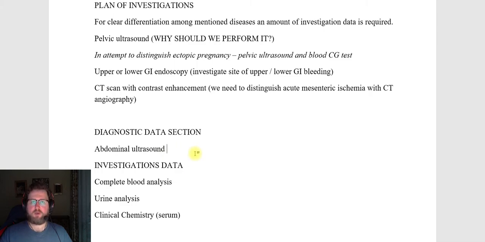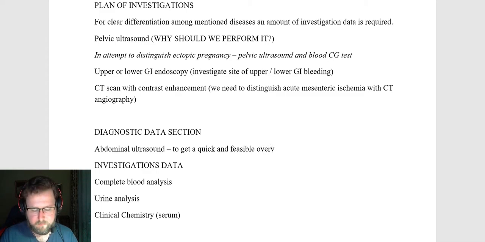So why are we using this method? We use it to get a quick and feasible overview of abdominal and pelvic organs.